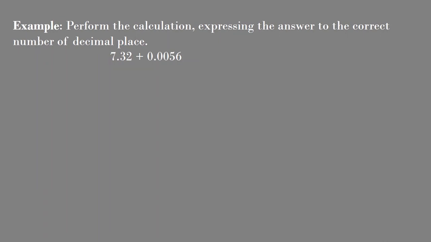Let's look at the example here. In this example, we have to perform the calculation and express our answer to the correct number of decimal places. The rule for addition and subtraction is we have to look for the number of decimal places, and the smallest number of decimal places is what we will show in our answer.